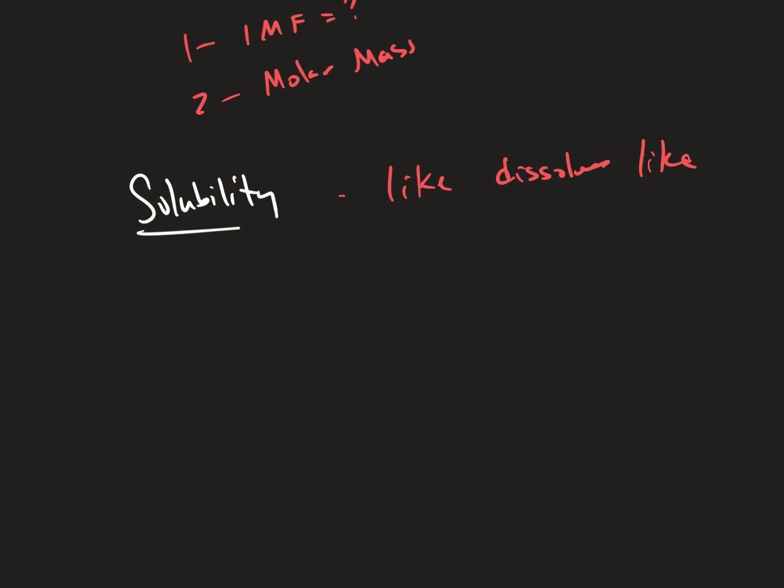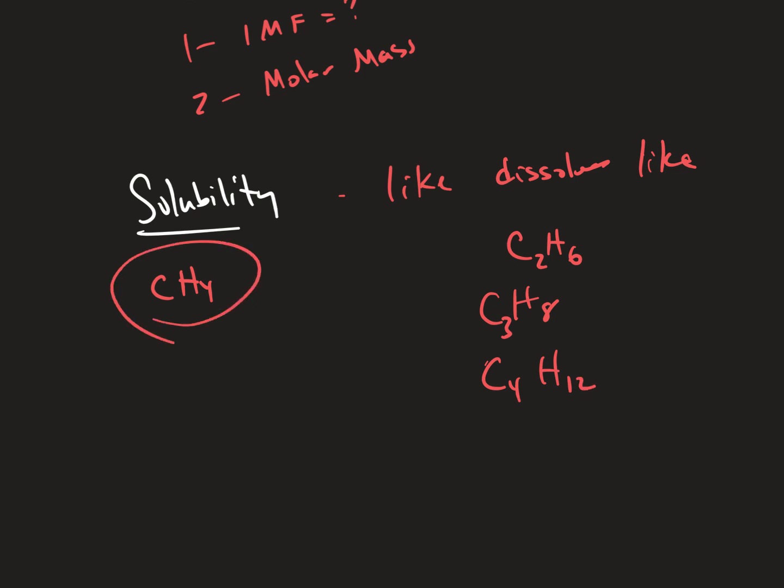For example, if we have CH4, and we want to know what it dissolves in better: C2H6, C3H8, C4H10, something like that. Which one does this dissolve better in? They're all nonpolar, right? So we do it by the numbers.